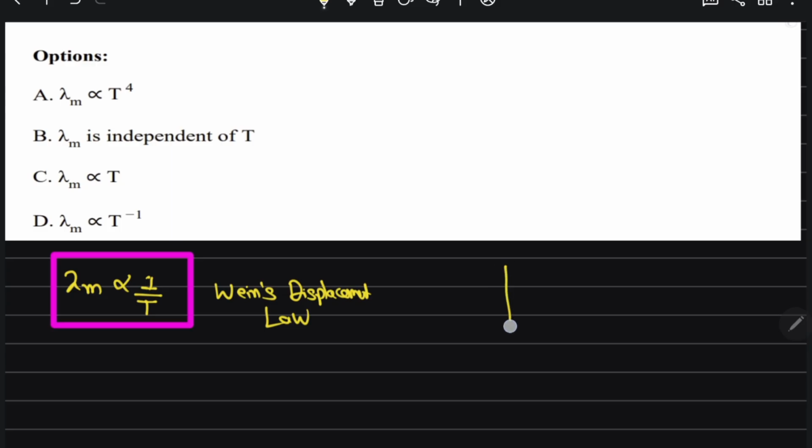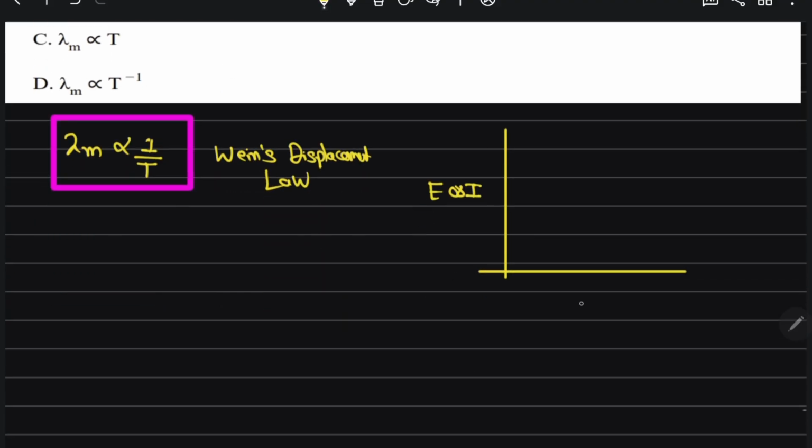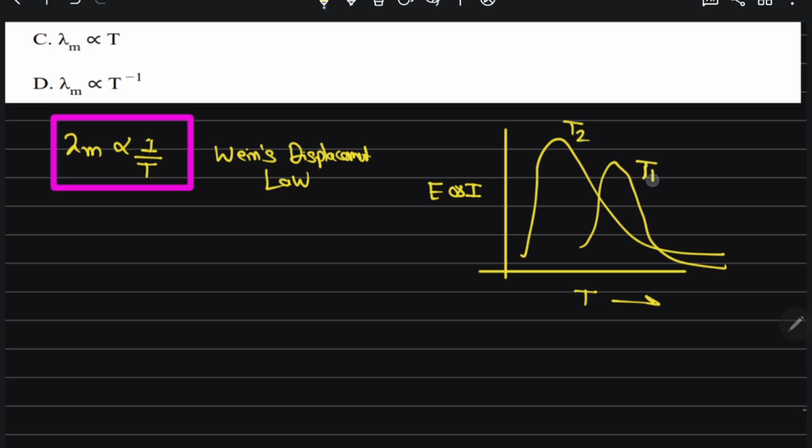In this we draw the graph of energy or intensity with respect to wavelength. The graph is like this. As the temperature increases, the wavelength decreases. This is T2 and this is T1. T2 is greater than T1, so wavelength is inversely proportional to temperature.